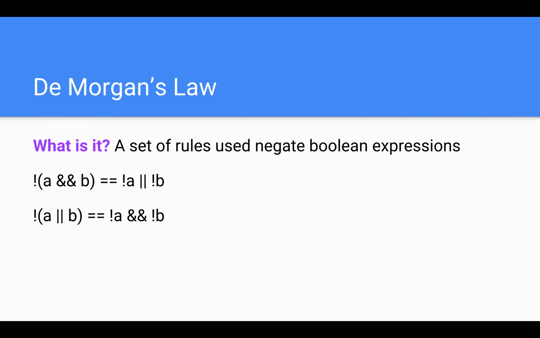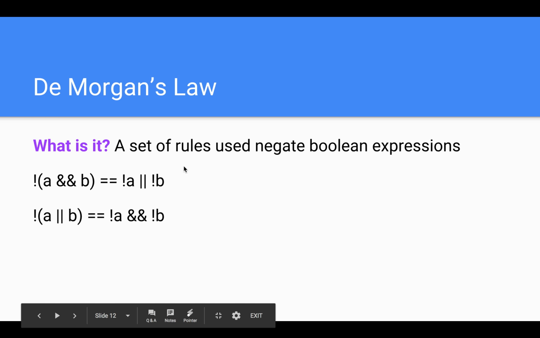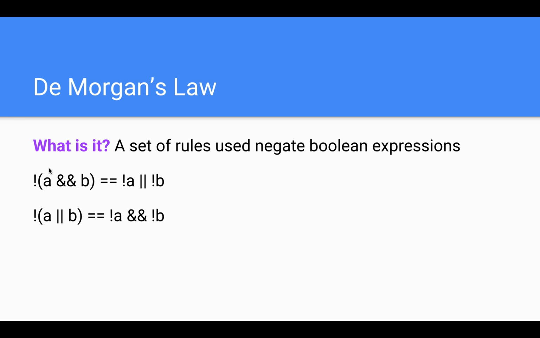De Morgan's law. So De Morgan's law is a set of rules used to negate Boolean expressions. And these next two lines are it. So it says not quantity A and B is the same as not A or not B. So it flips this center operation and puts a bang with each variable on either side.